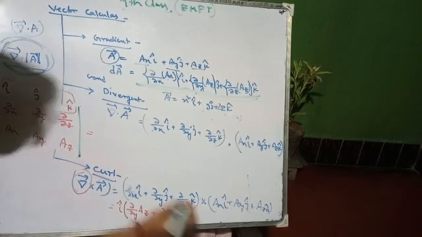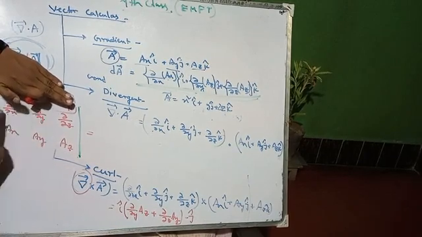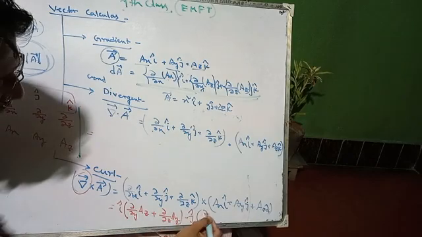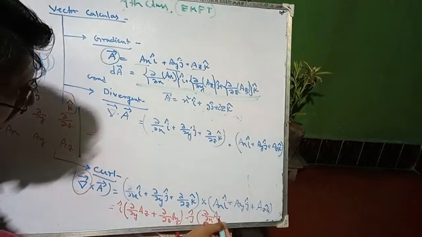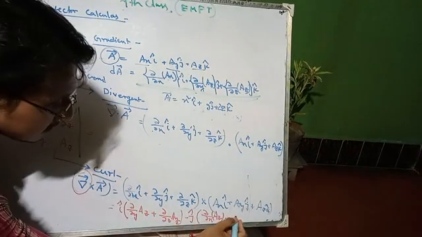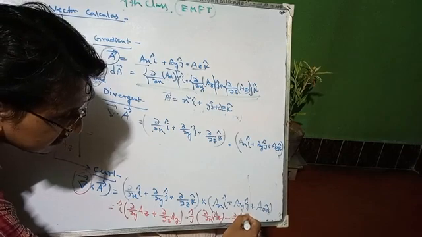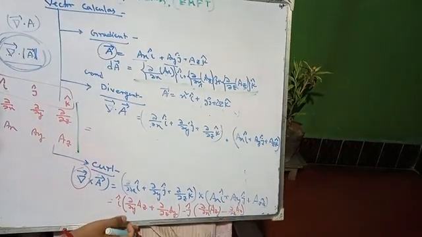Then minus j cap: del del x of az minus del del z of ax.